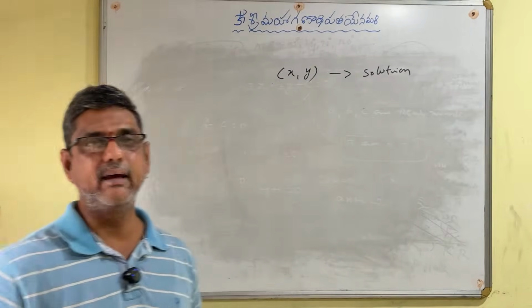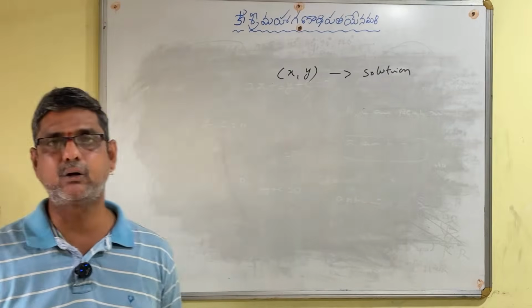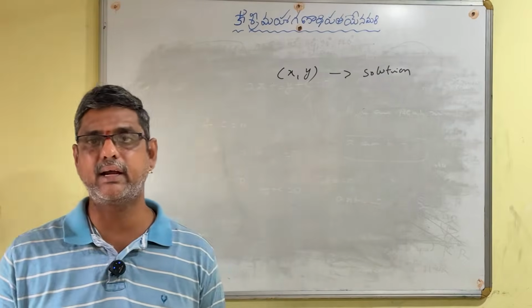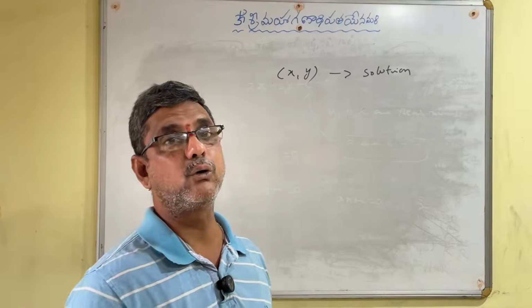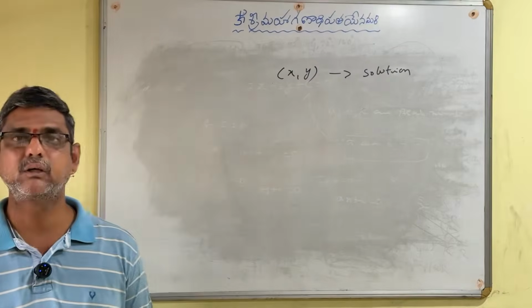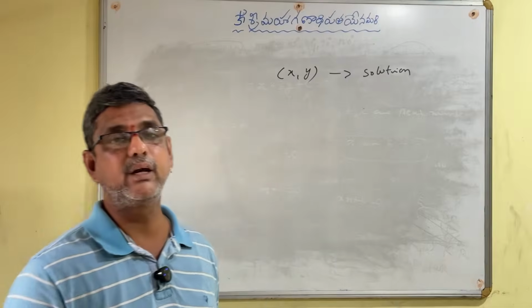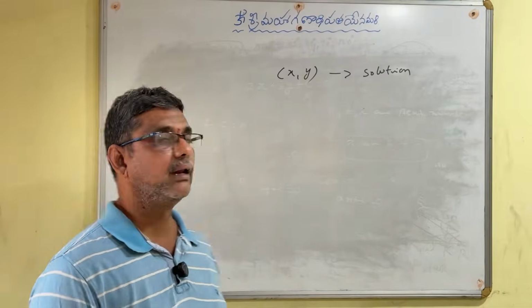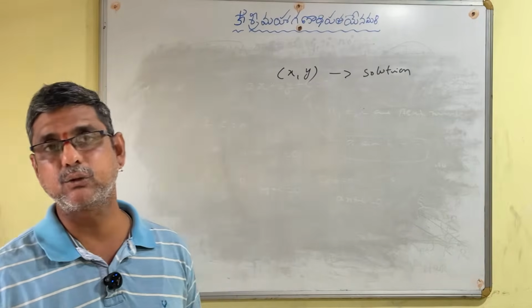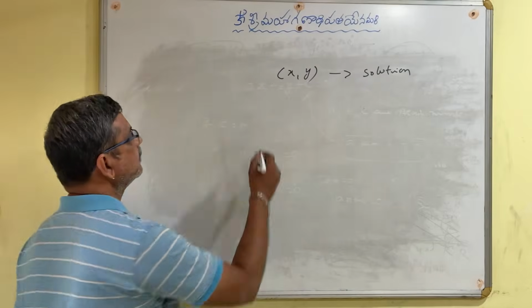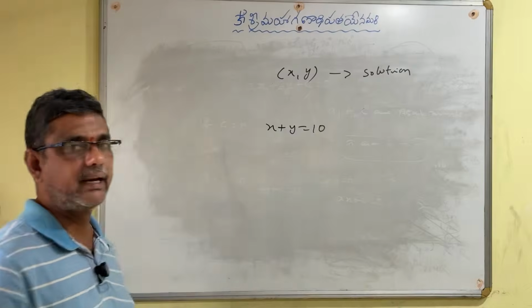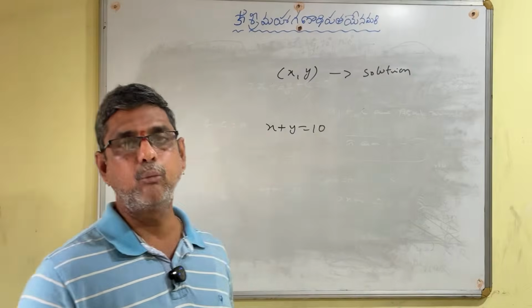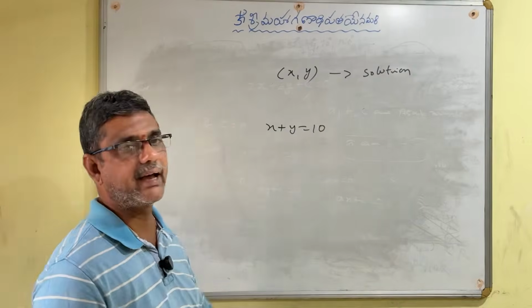Every linear equation in two variables has an infinite number of solutions. For example, x plus y is equal to 10 is a linear equation in two variables. How many solutions does this equation have?